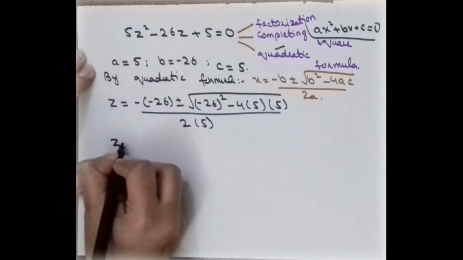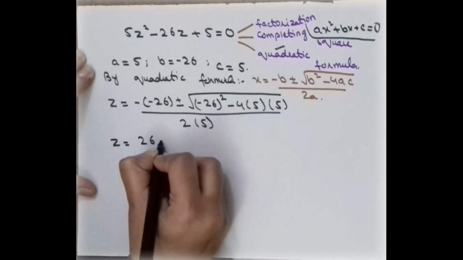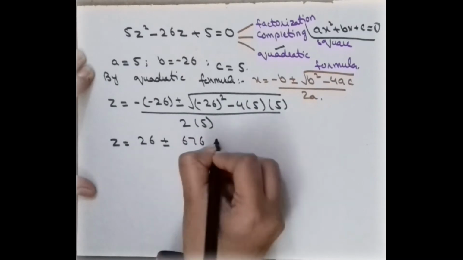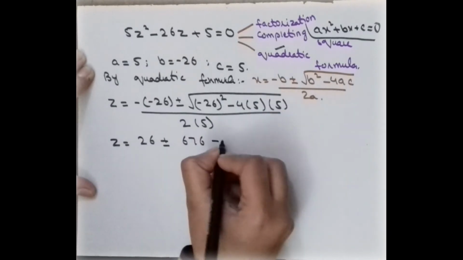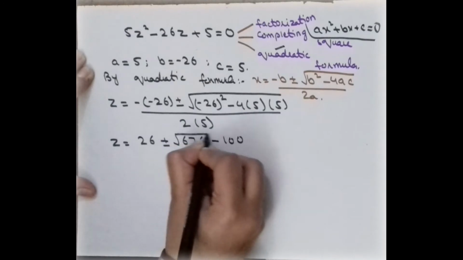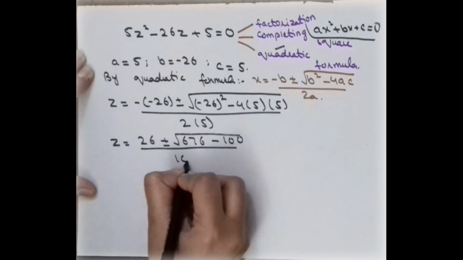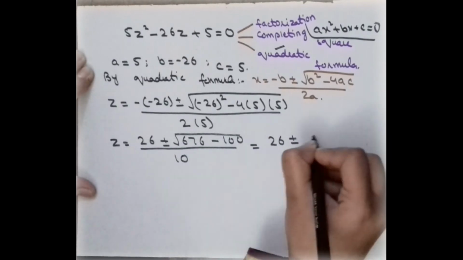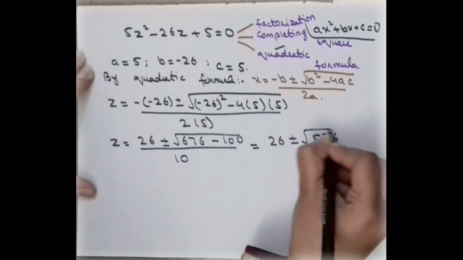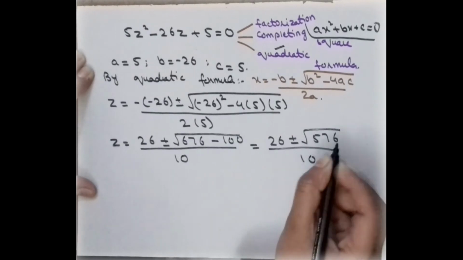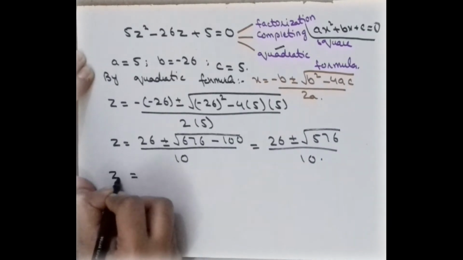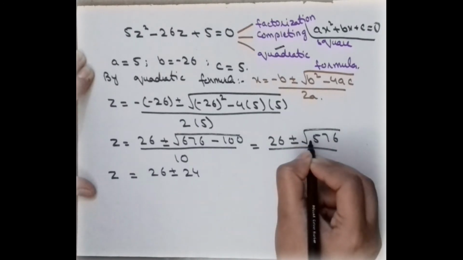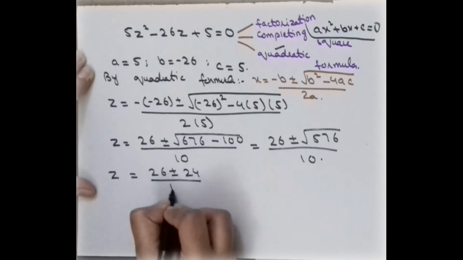So now z equals 26 plus or minus the square root of 26 squared, which is 676, minus the product of these three factors, which is 100, divided by 10. The next step is 26 plus or minus the square root of 576, divided by 10, which equals 26 plus or minus 24, since the square root of 576 is 24, divided by 10.